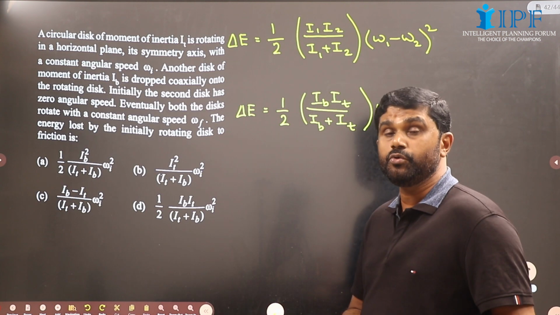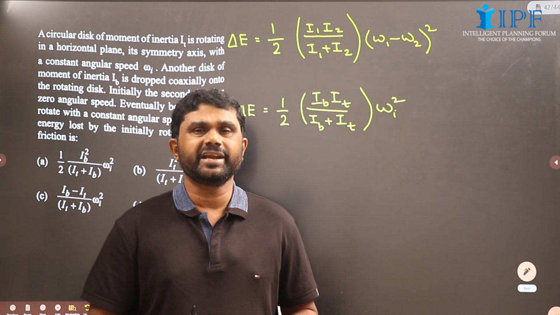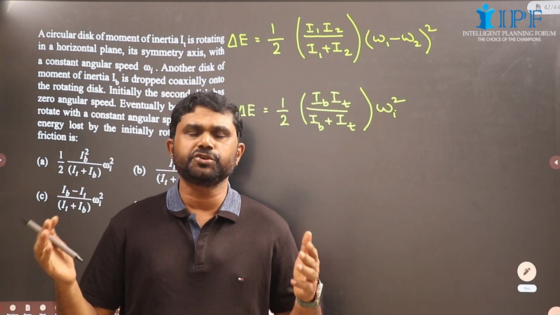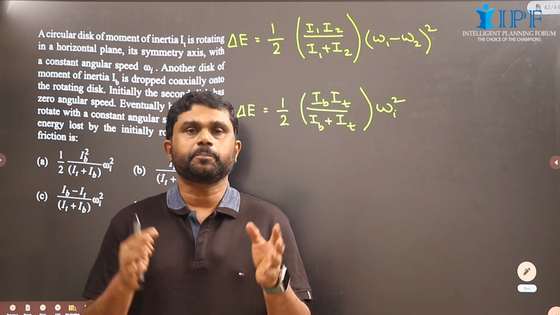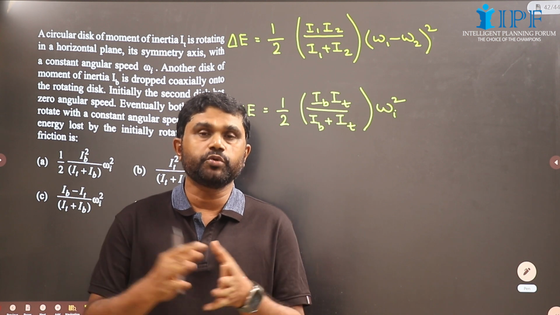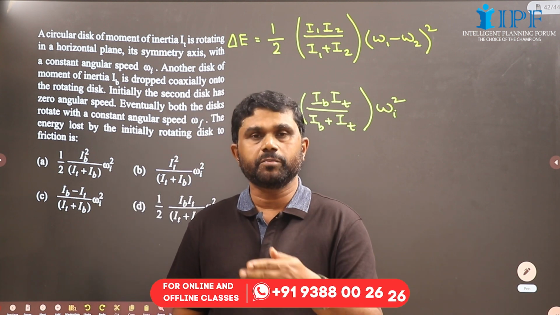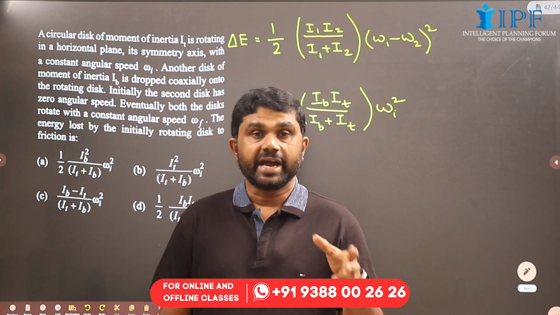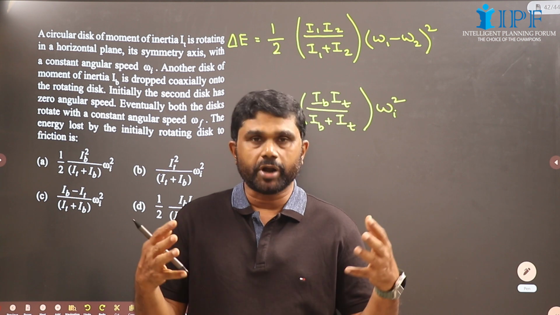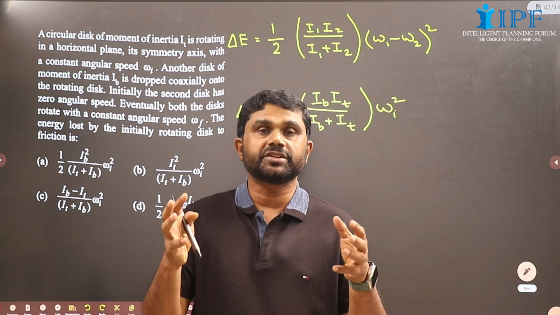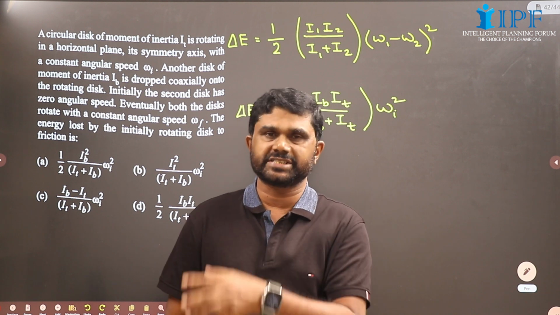This is a beautiful question. Now see, in linear mechanics, in Newton's laws of motion or in work, energy and power, suppose two bodies are moving: a body of mass m1 moving with velocity u1, and another body of mass m2 moving with velocity u2. They collide and after collision they stick together and move with a common velocity, say v.